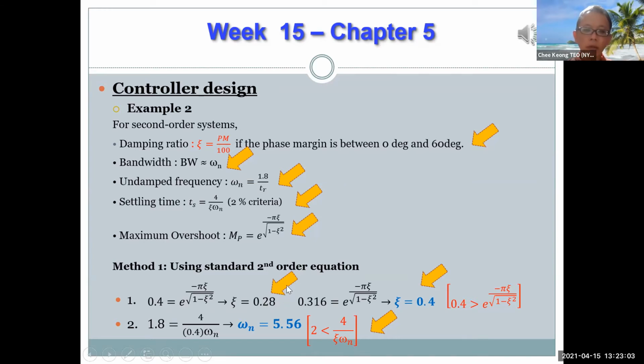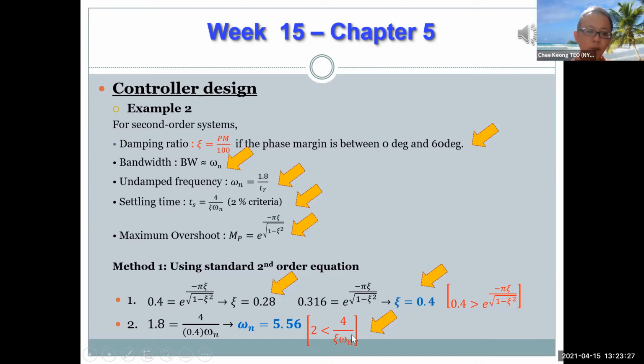But of course, we are not comfortable with this because this one lies exactly at 0.4. We want lesser than 0.4, right? So if we shift this to maybe 0.316, it's much smaller than 0.4, this still meets the spec, and then we calculate zeta as 0.4. So basically, we want to use zeta 0.4 instead of 0.28 because 0.28 is just at the borderline.